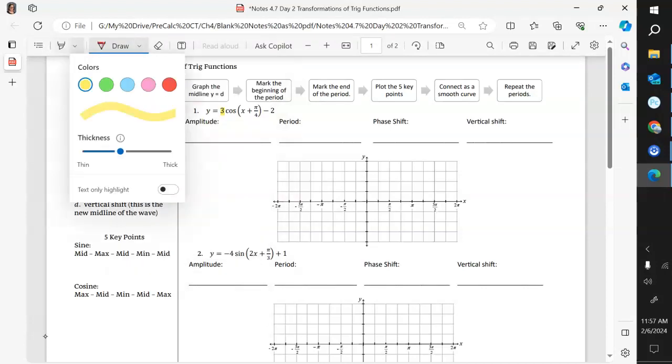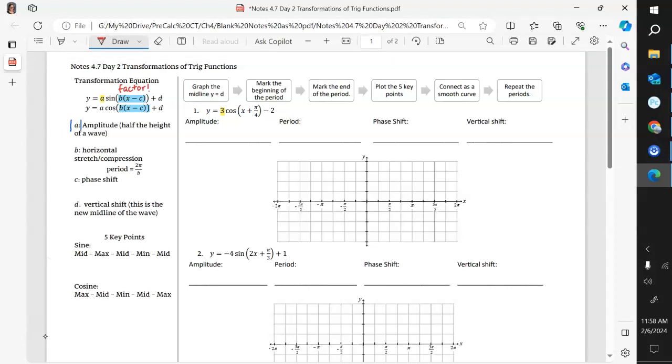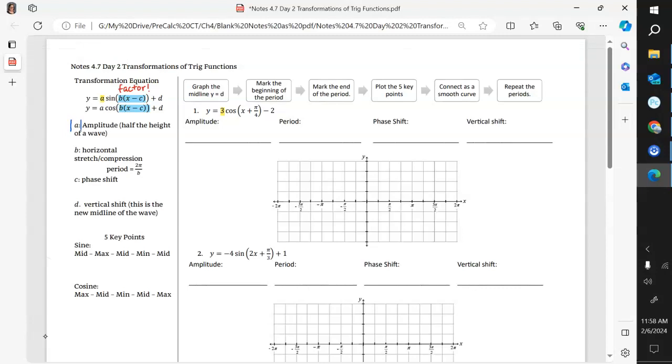The b value, when you're looking for the b value, you have to make sure that this is factored. So you have to factor out the b value before you can find c. So make sure that that's factored inside of the parentheses there. B is going to be a horizontal stretch or compression, and if it's a stretch, then it would be a fraction, so that would make the period longer.